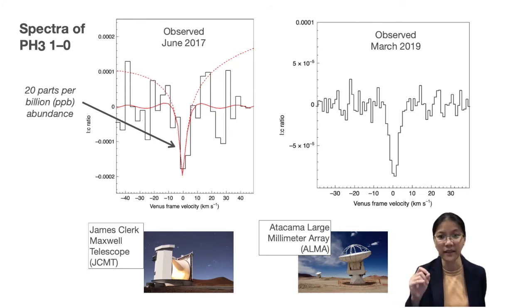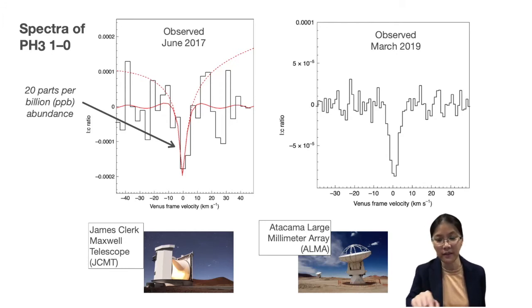In particular, a rotational transition that corresponds to this frequency of light, in the submillimeter to millimeter range, that is observable by these telescopes. So the first discovery was from the James Clerk Maxwell Telescope, which is up on the Mauna Kea volcano in Hawaii. It was observed back in June 2017.